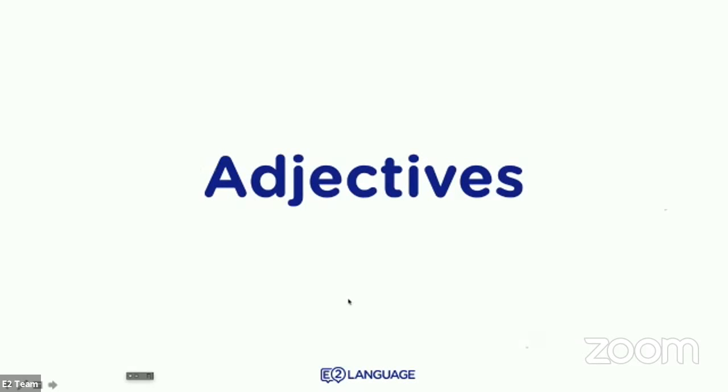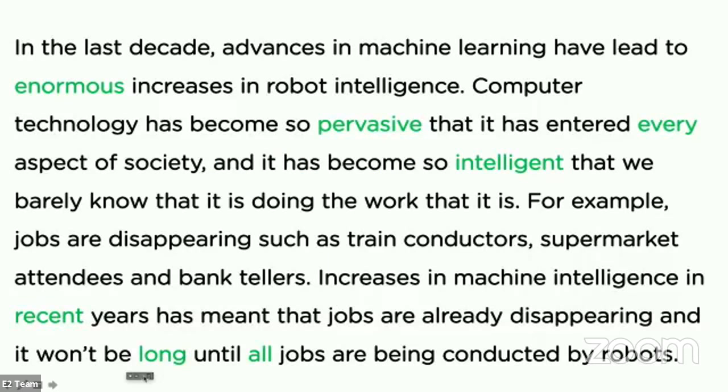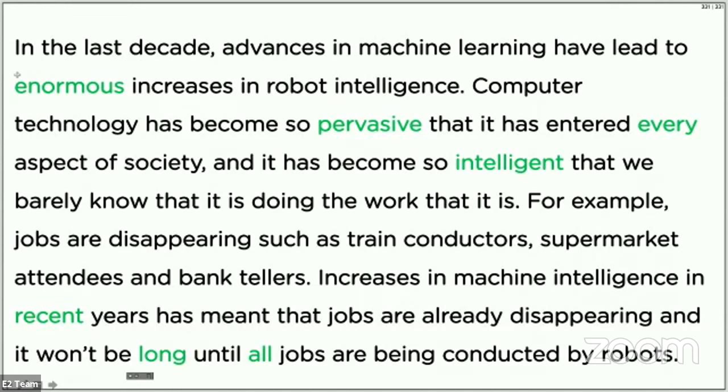Let me show you the adjectives that I used in my paragraph. I used some nice adjectives like enormous, pervasive, every, which is a very common one, intelligent, recent, long, and all. So I've used, this one is uncommon, this one is uncommon, this one is sort of uncommon, this one's very common, common, and common.